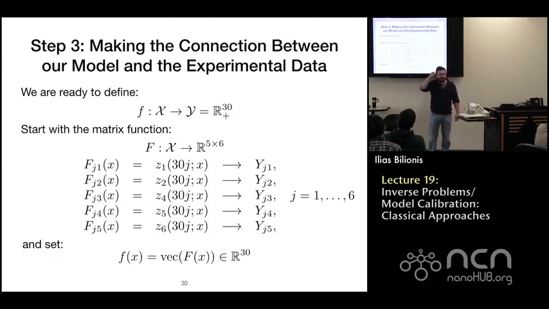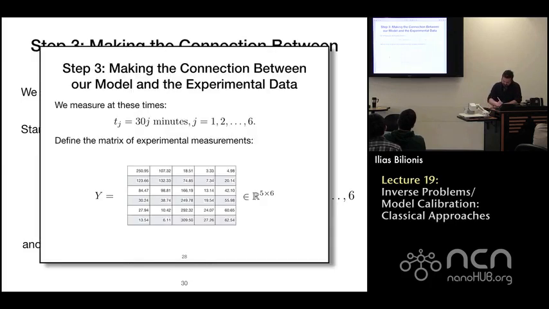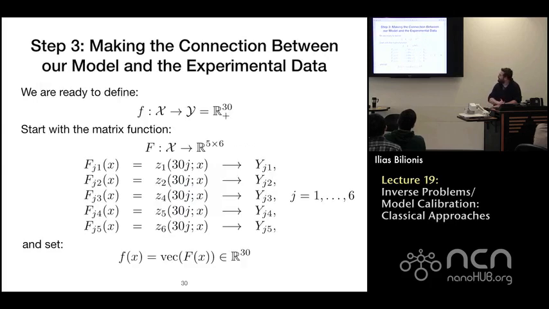It just grabs the concentration at different times and just returns me that. Okay? 5 times 6 or 6 times 5. 1, 2, 3, 4, 5, 6 times 5. Yes. Good eye. All right.